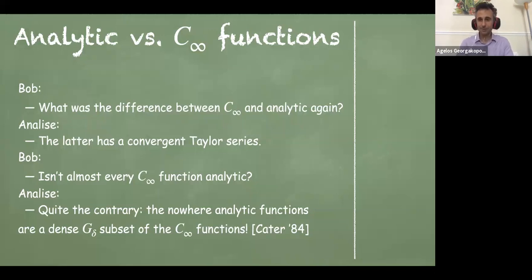Actually depends on whom you ask, but analysts know that in fact the opposite holds. So it's a generic phenomenon in some sense that you can make precise with some topology, almost every infinitely differentiable function is nowhere analytic.